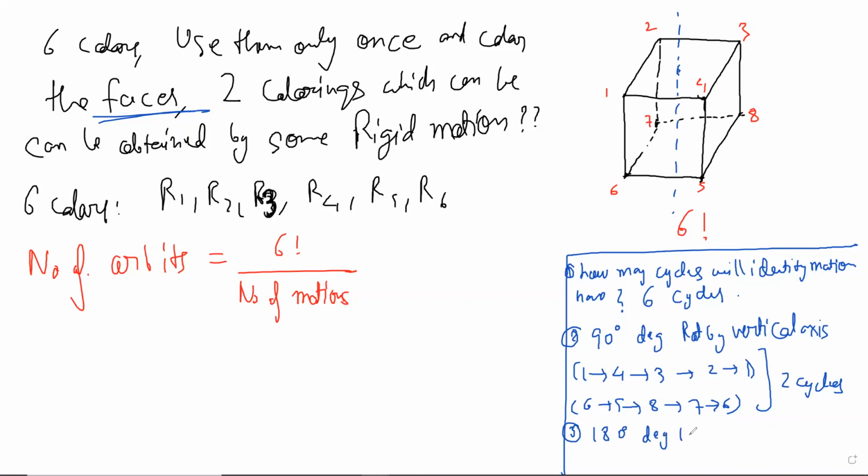About the same thing. I should have used a different column and better writing. But anyways, vertical axis. Can anybody say how many cycles will be formed?